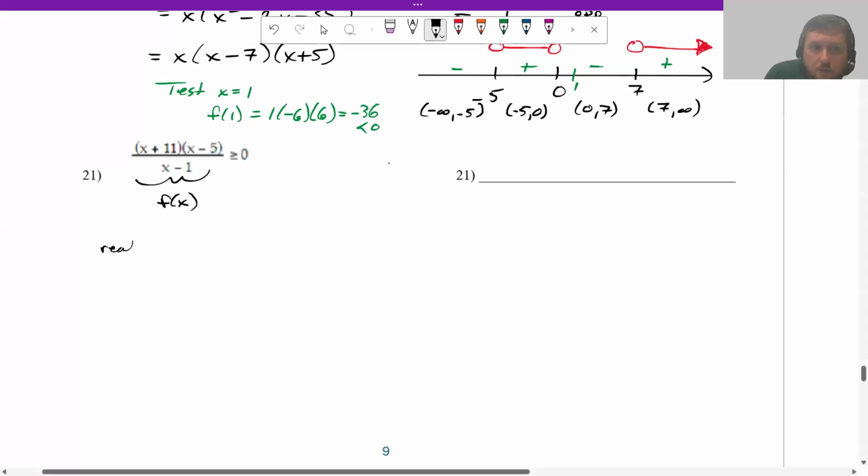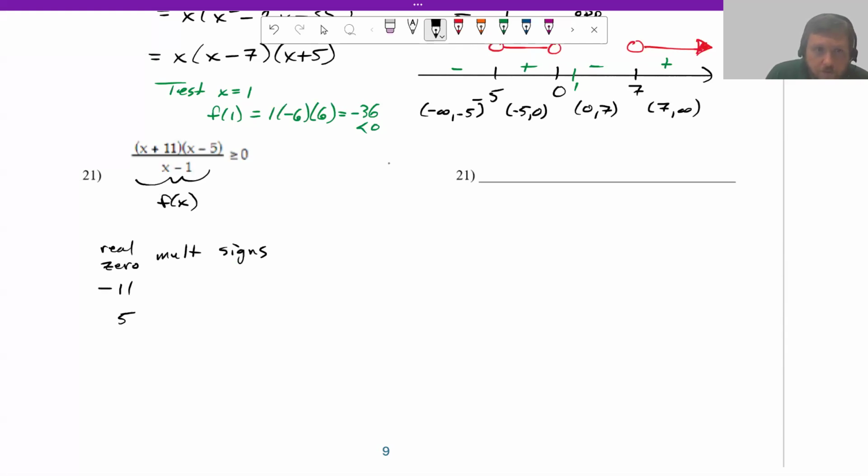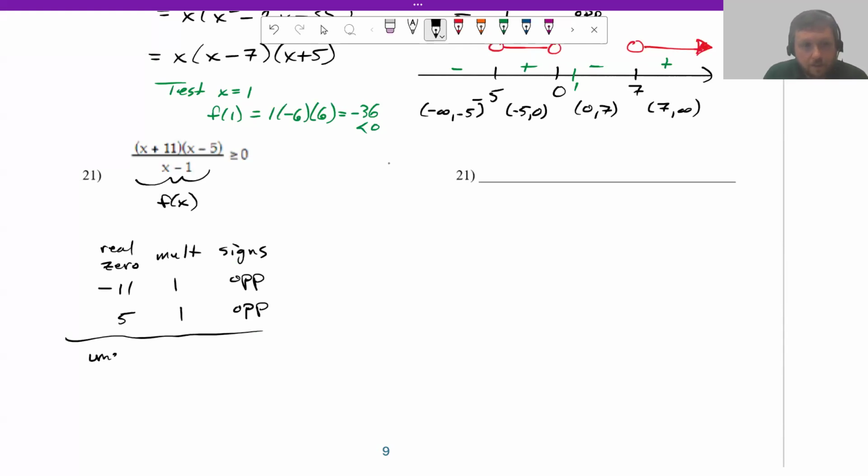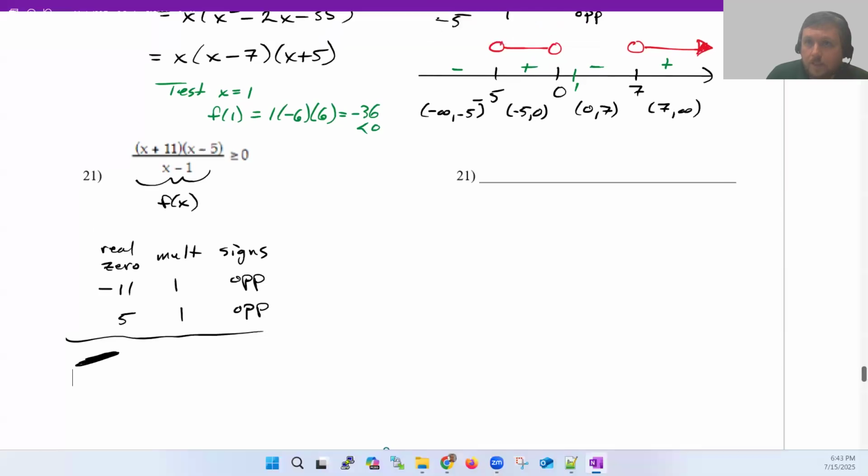So real zeros, multiplicity, signs. So I have -11, +5. They each have a multiplicity of 1, which means they'll have opposite signs. Next, we want to look where it's undefined.